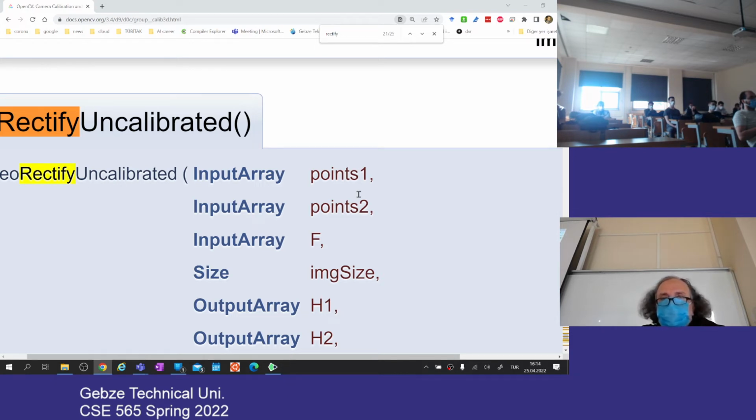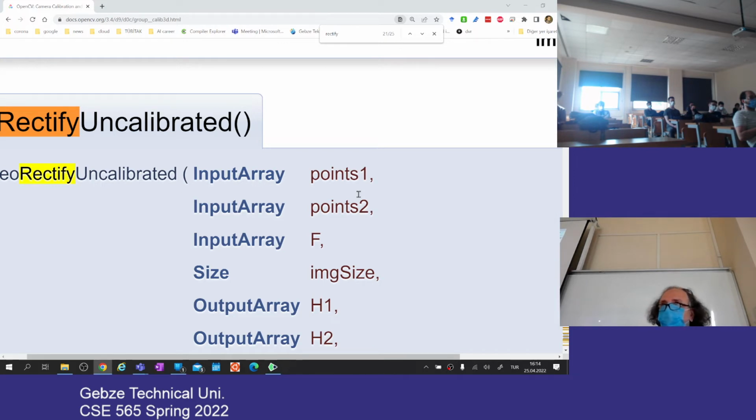It takes point 1 and point 2, corresponding points, and an input array, the fundamental matrix. It takes the image size, and it outputs H1 and H2. Well, I'm not giving you any clues here, but you are supposed to know this.